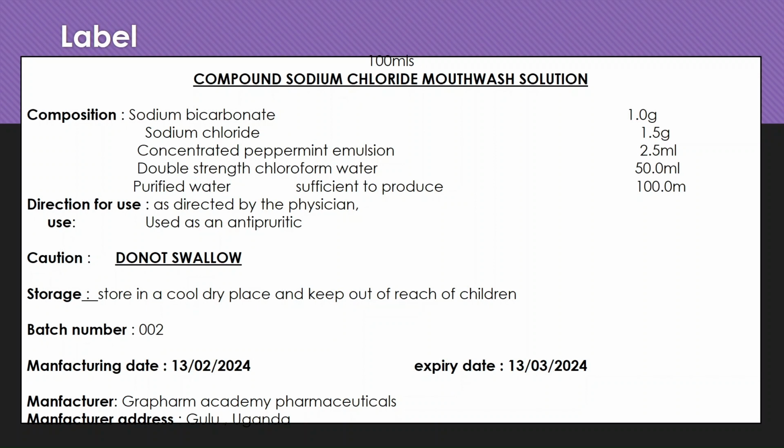Manufacturing date, we always take a period of 1 month, so that our products, like I said in the previous class, most of our preparations that we do in the lab are not for consumption. They are for study purpose.